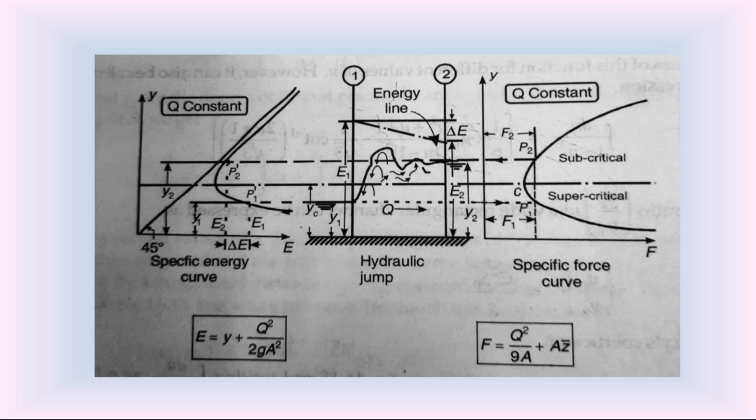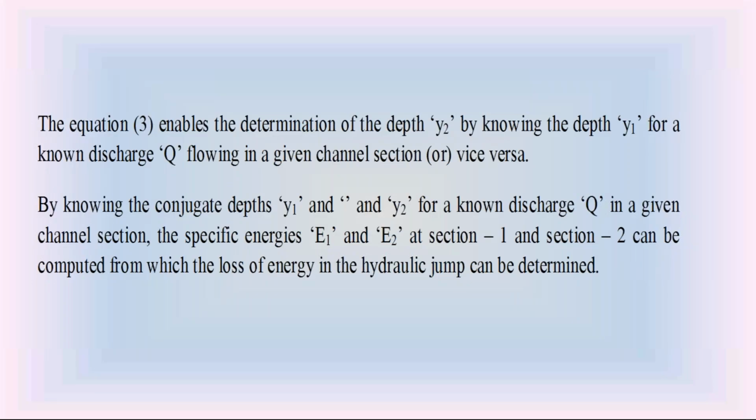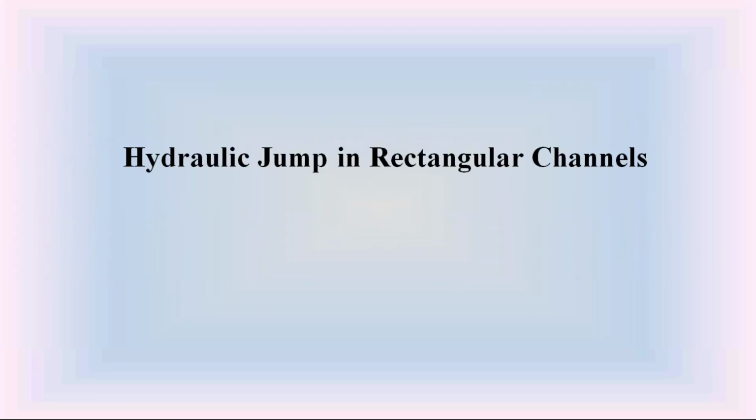Now, if the channel is a rectangular channel, either the river or the man-made channel, and if the hydraulic jump is formed in that rectangular open channel, what is the relation between the depth y1 and depth y2? So we are going to discuss the hydraulic jump in rectangular channel. Now coming to this discussion, the hydraulic jump in rectangular channels.